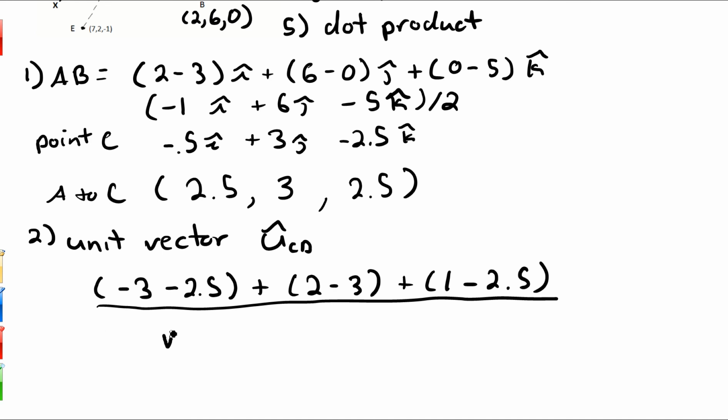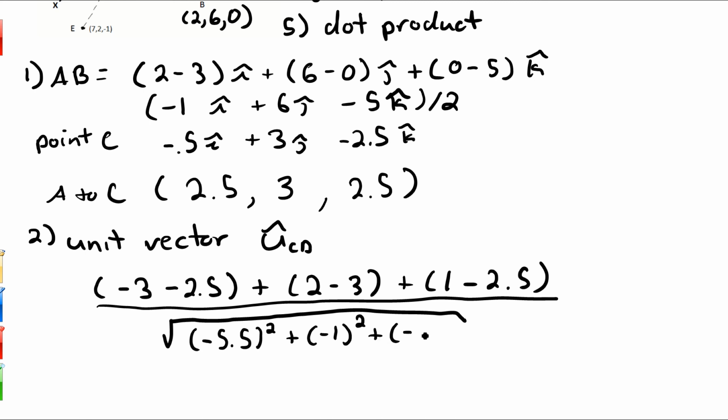So we'll have the square root sum of squares of negative 5.5 quantity squared plus a -1 quantity squared plus a -1.5 quantity squared. And when you square, all these negatives are going to go away and everything will become positive. So this is actually equal to 5.787.